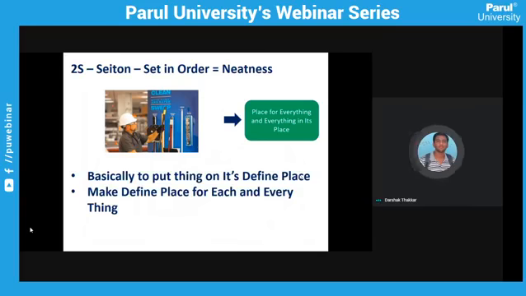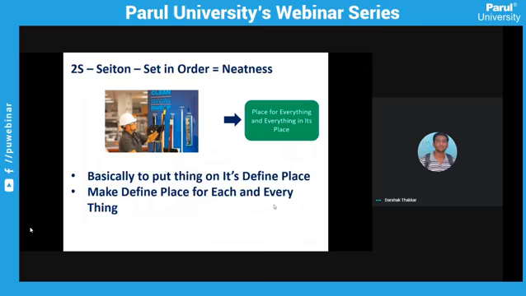So we have to define a place for everything in our work area, and identify the place for the necessary things which we have sorted, and after that do marking or labeling on it.